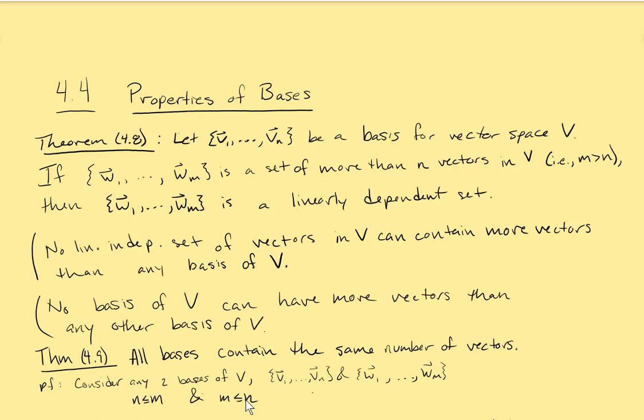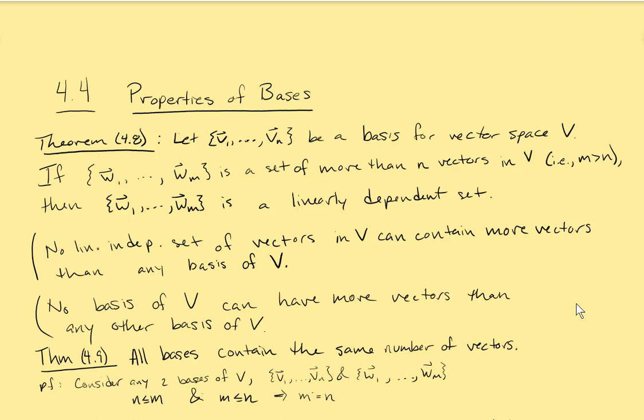So this tells us m equals n. The number of vectors in any basis here is the same as the number of vectors in any other basis here. This proves Theorem 4.9, just using the facts we wrote up here.